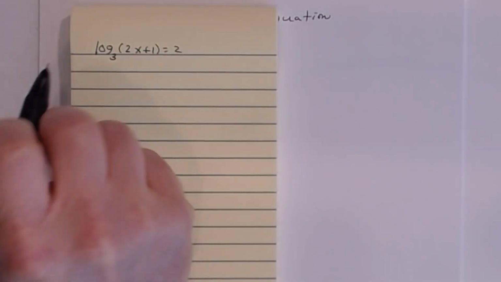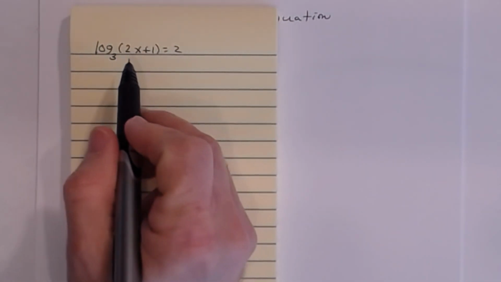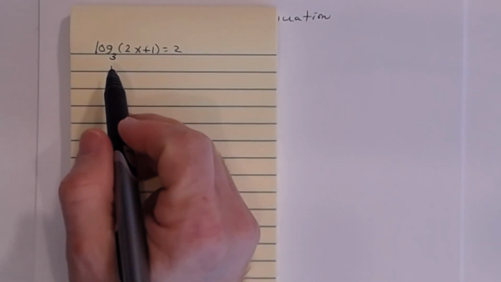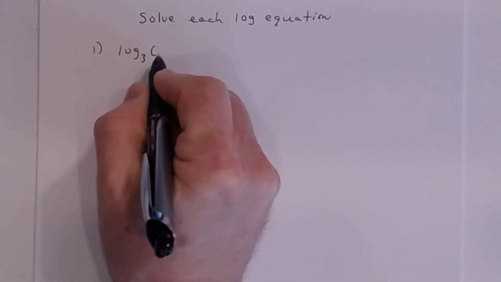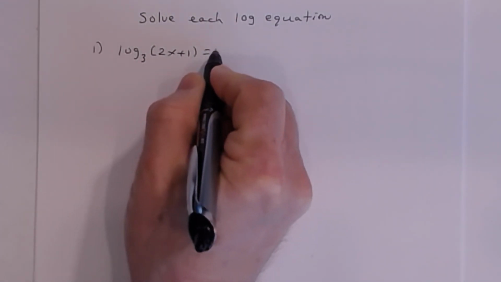So that's how you would write it. See, on lined paper, this is horizontal. Your base is a subscript. So make sure that's how you write logarithms. So keep that in mind. This would be log base 3 of 2x plus 1 equals 2.